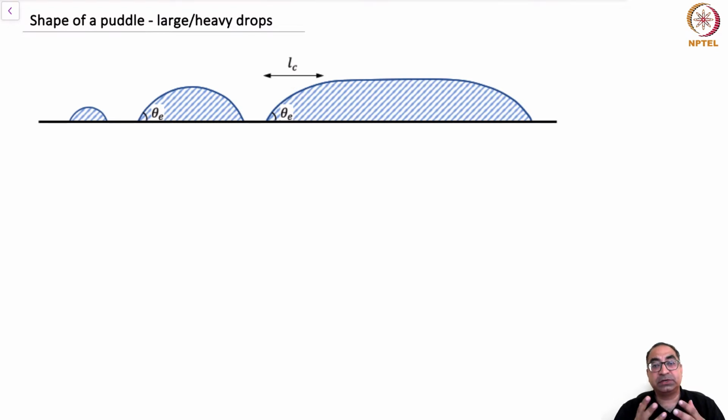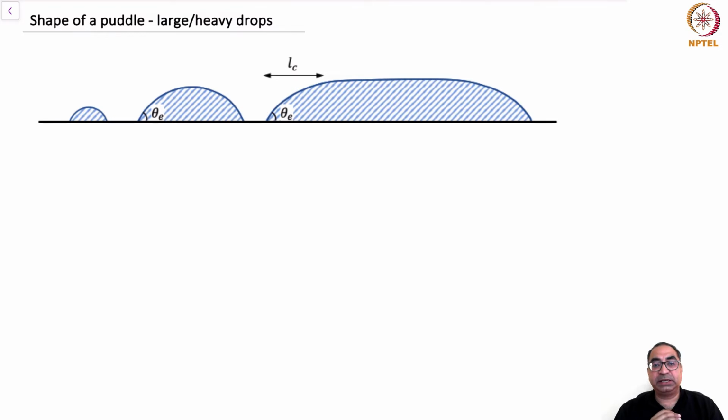Or in other words, the contact angle is primarily determined by the various surface energies that are present in the problem. And if you're in an equilibrium situation, then the surface energies by themselves do not depend on the volume of the droplet, and therefore it is not surprising that we can have droplets of different sizes yet having the same contact angle at the wall.